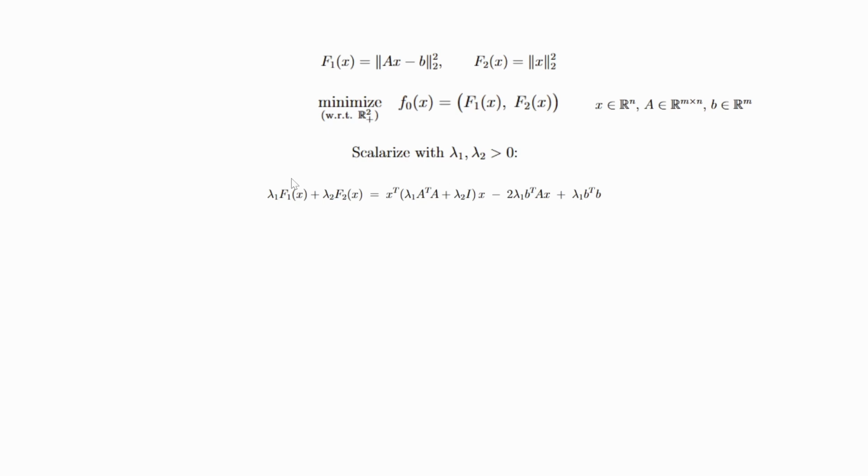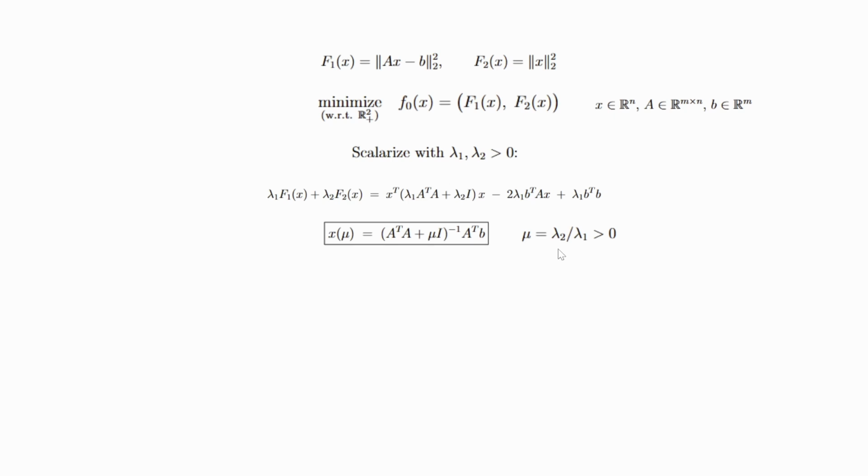If we let mu, a new parameter, equal lambda 2 over lambda 1, we have the following. So we have this x solution here parameterized by mu, and look at the solution. To some of you, this might be familiar. This is exactly ridge regression. The parameter mu is just the regularization coefficient.